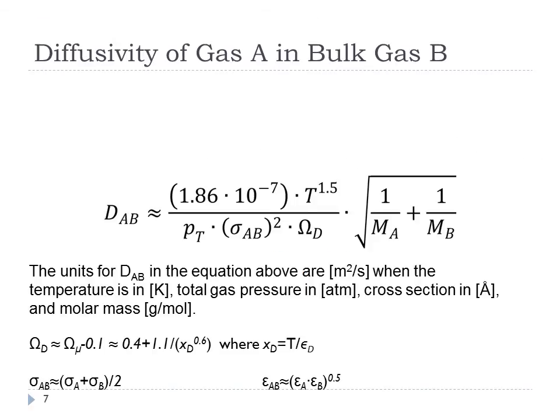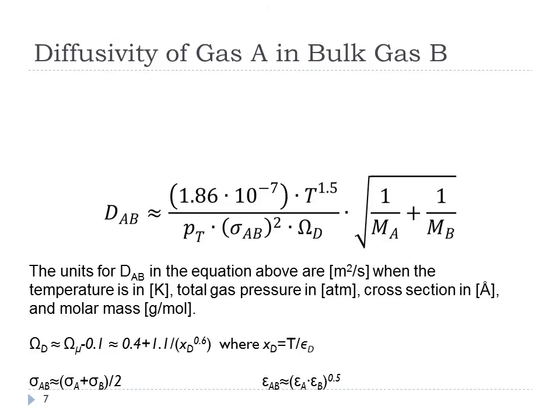If this is a gas, I want to point out that the diffusivity of A into a bulk gas B, D_AB, has an equation somewhat related to the equation we saw for viscosity, but slightly different. D_AB is given in units of meters squared per second when the temperature is in Kelvin.